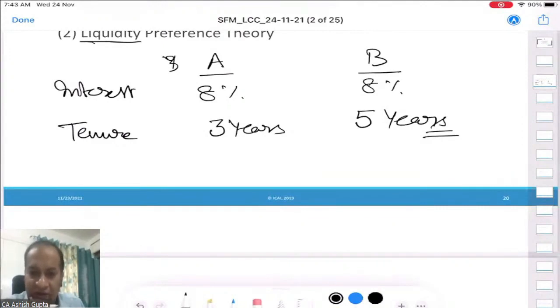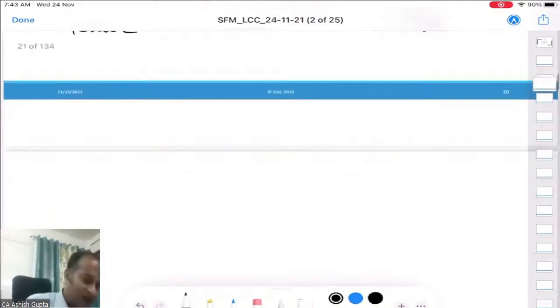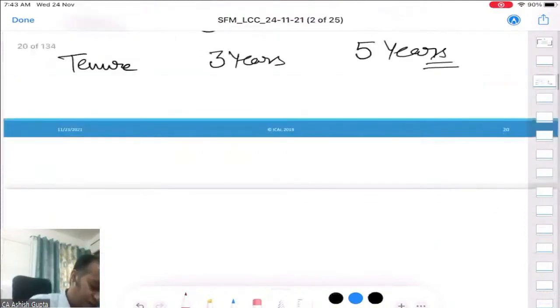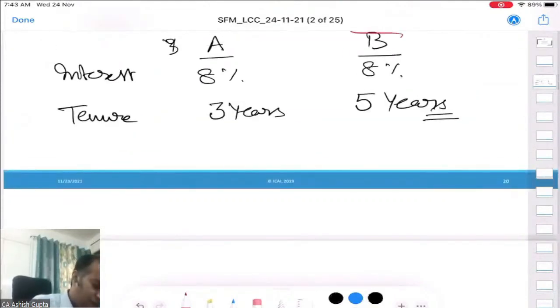Then what will be your answer? Yes, many students have given the correct answer. Students, here we shall opt for option B. Why? Because here, sorry, my answer is wrong. I'm sorry.